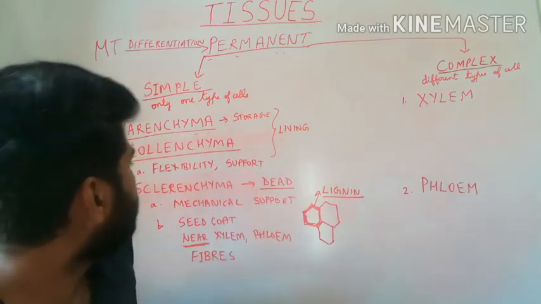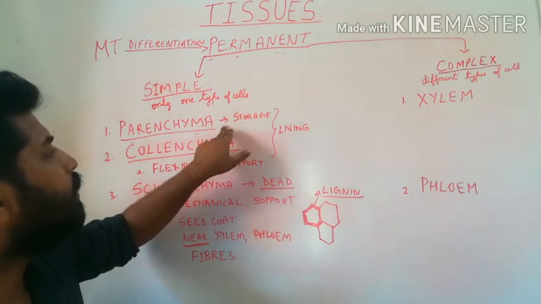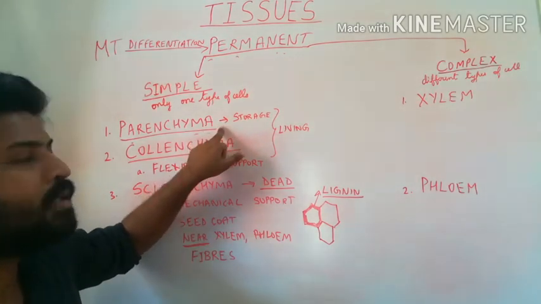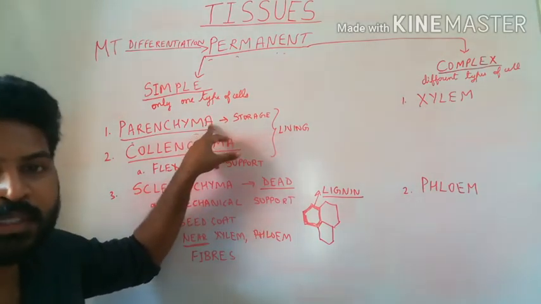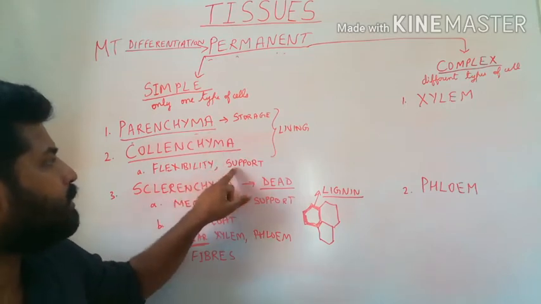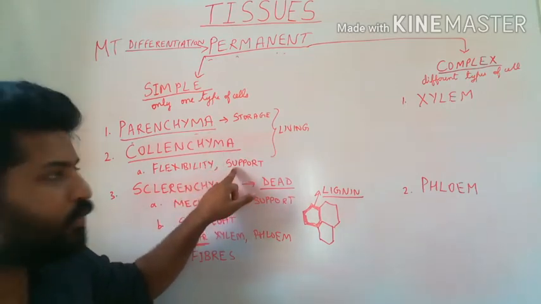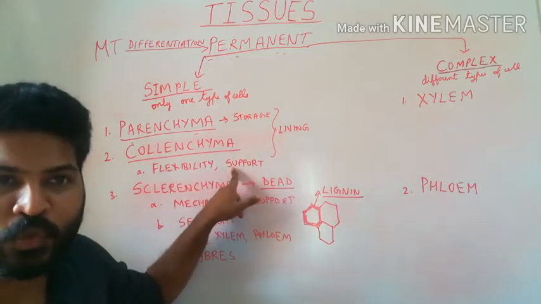Now, because of this, parenchyma is called as the storage tissue because it stores substances. Collenchyma, it provides mechanical support, therefore it is called as living mechanical tissue.